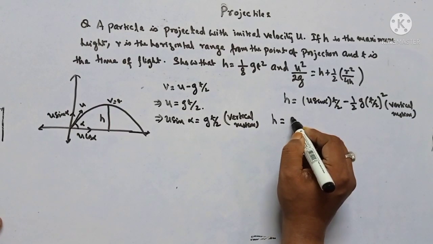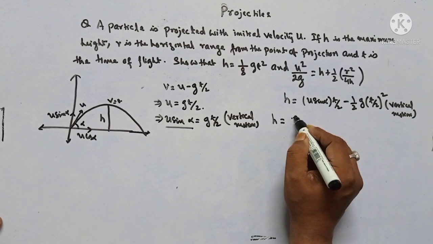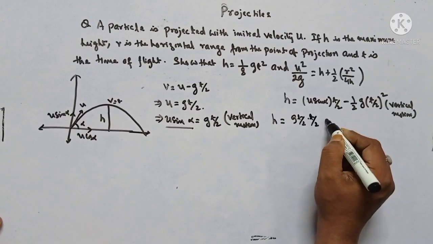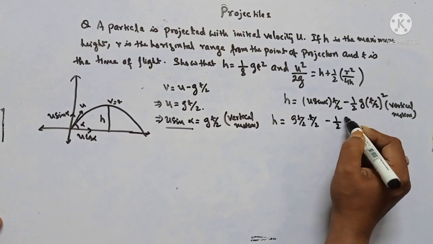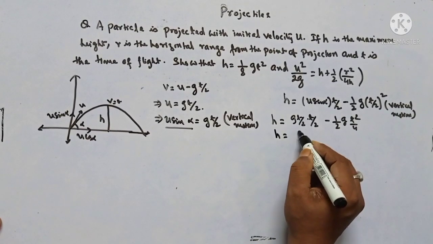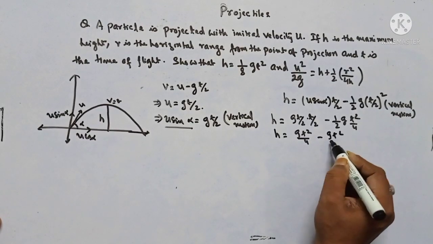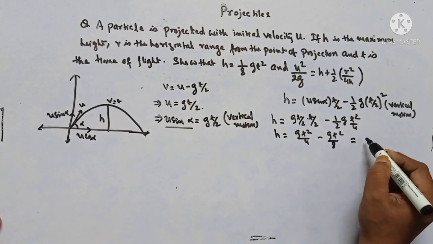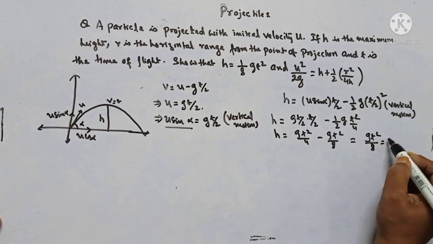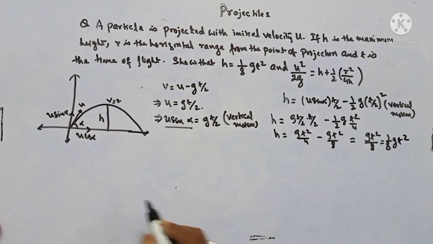The value of u sine alpha is gT by 2, into T by 2, minus half g, that is T square by 4. So your h will be gT square by 4 minus gT square by 8. So this will be gT square by 8, that is, you can write 1 by 8 gT square. This is the first part.